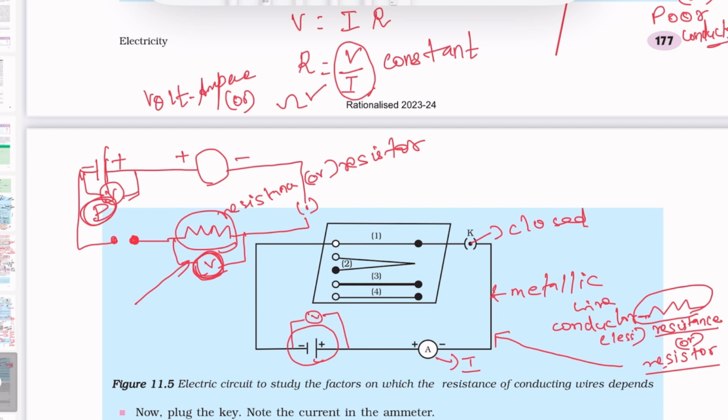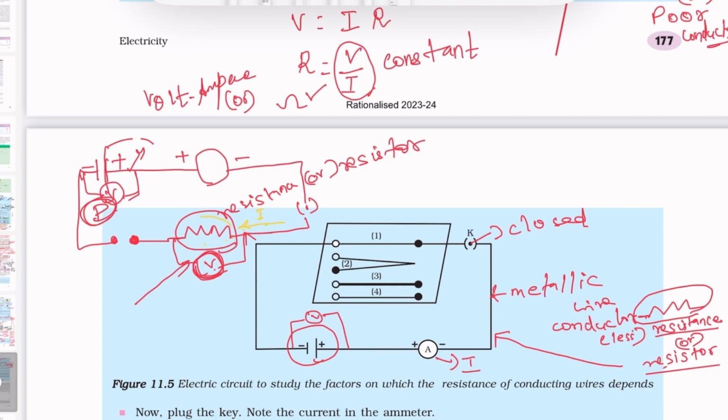Why? Because here this cell will initiate the potential difference for the circuit to work. Here, when the current flows and finds a resistance, what happens? The flow of current will be resisted. That means the current value will change.